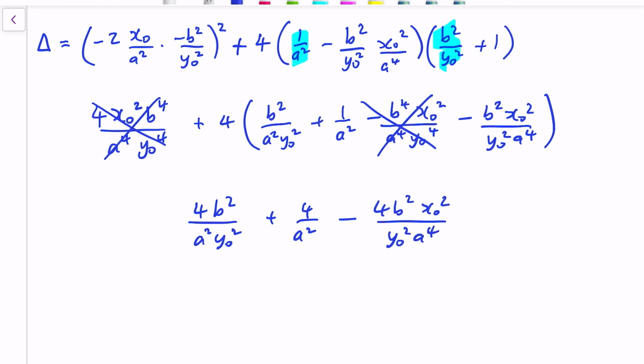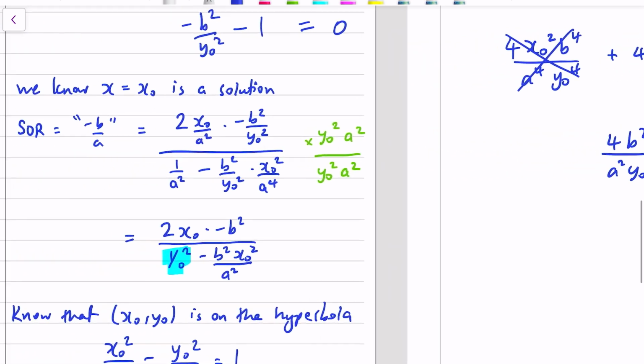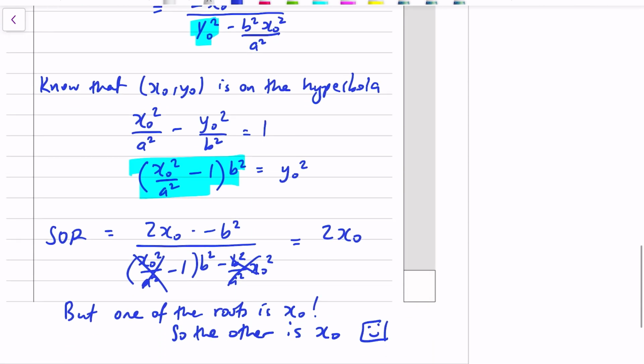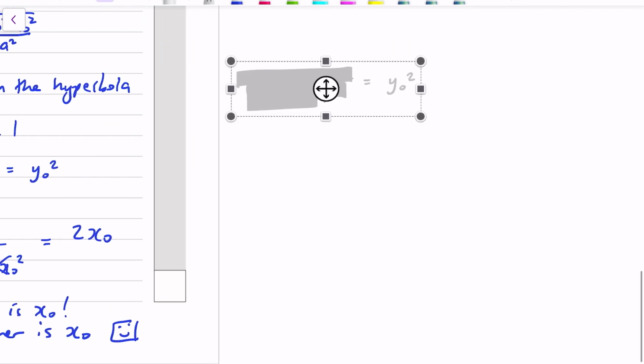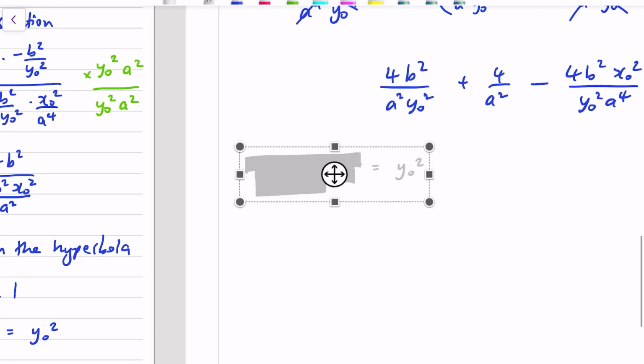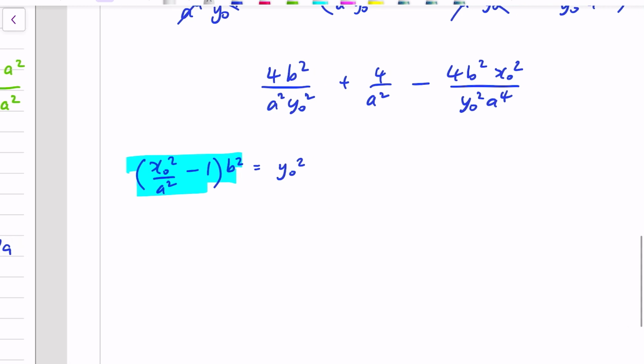And I think we have to do the same thing as earlier. So we go back to the fact that we know that x naught, y naught is on the hyperbola, and we replace the y naught squared stuff in that expression.